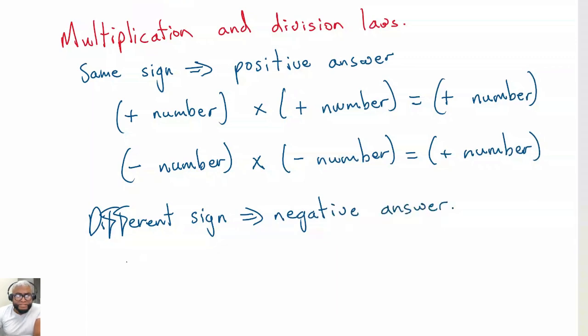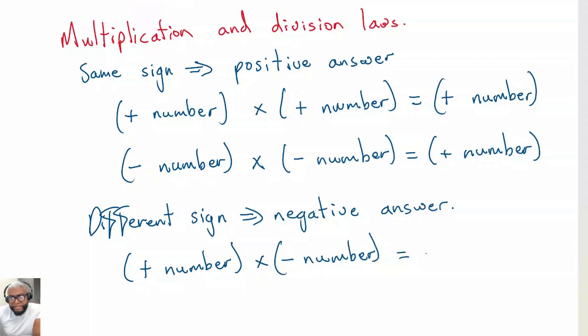Which means if I have a positive number multiplied by a negative number, my answer will be a negative number, right?